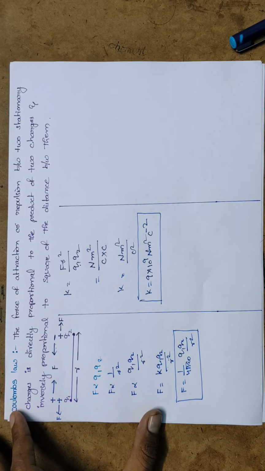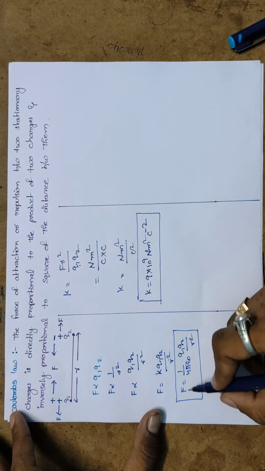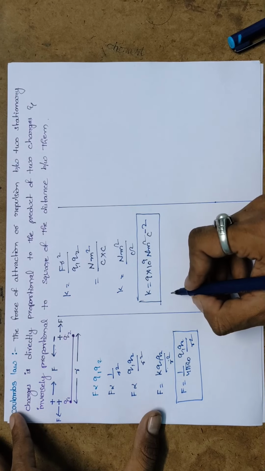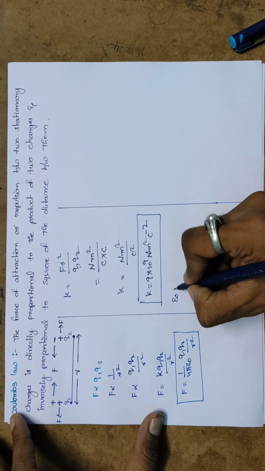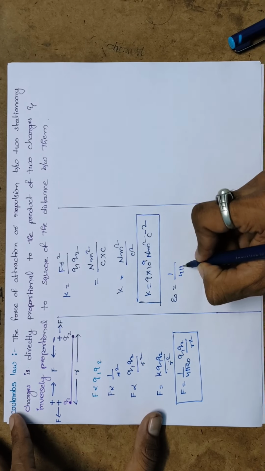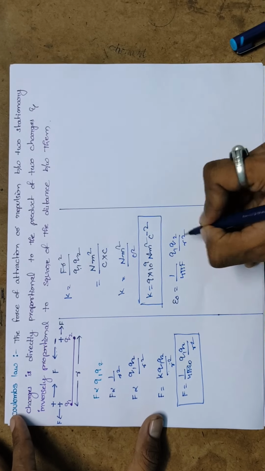Next, I am going to calculate the epsilon naught SI unit as well as its value. From this equation, if you bring epsilon naught to the left side, epsilon naught is equal to 1 by 4 pi F Q1 Q2 by r square.